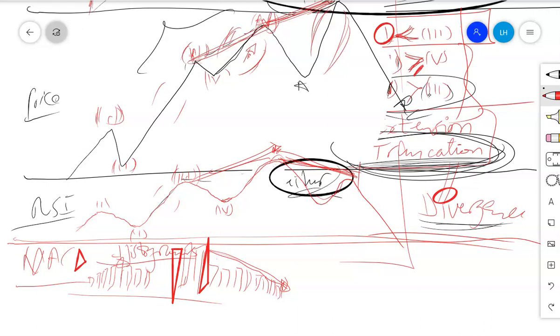Now the final thing on how you can use volumes is to identify reversals.